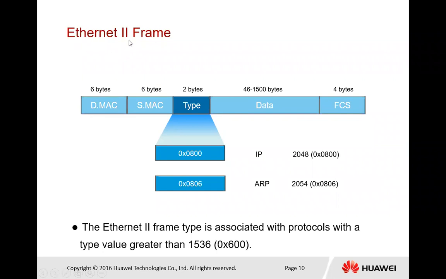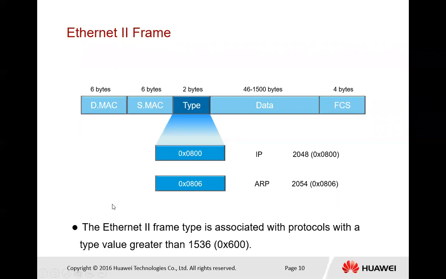After the destination MAC, we have a 6 byte address field that is specifically for the source MAC address. Then a 2 byte field that contains the type field, which we already explained. Then again we have the data field and FCS.